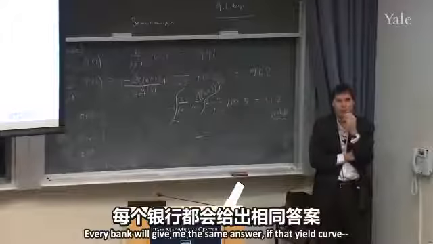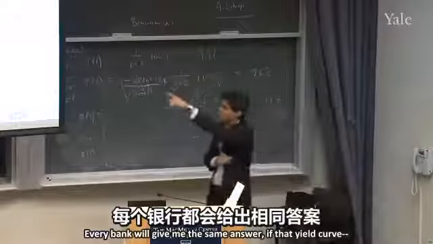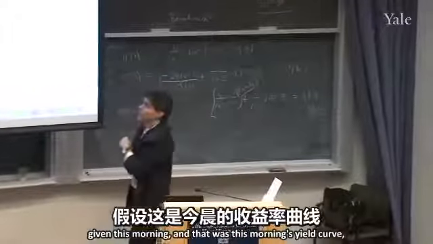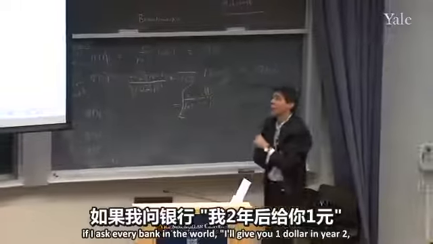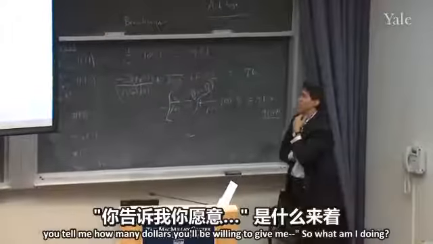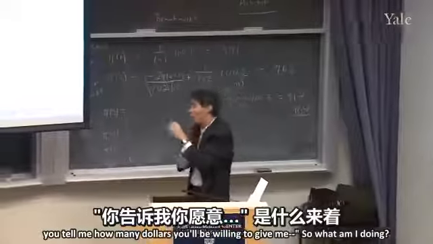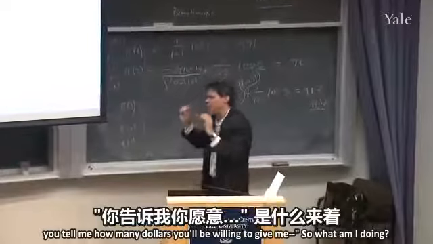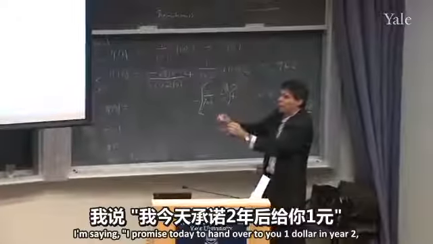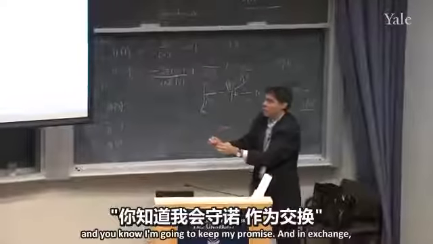Every bank will give me the same answer, given this morning's yield curve, if I ask every bank in the world. So what am I doing? I'm saying, I promise today to hand over to you $1 in year 2, and I'm going to keep my promise.